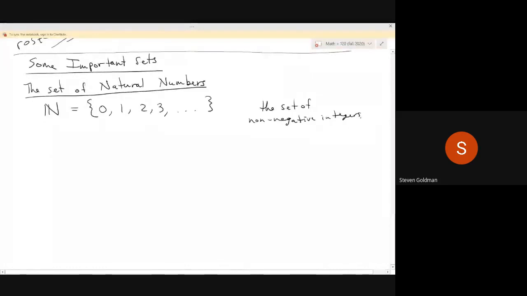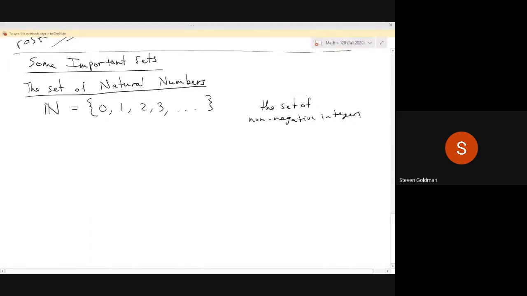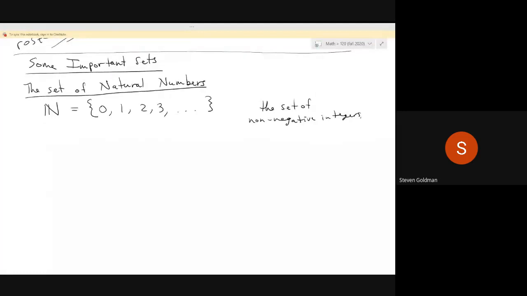Now, for the set of natural numbers, in different texts there's a little bit of disagreement as to what should and should not be included in this set. In some textbooks, 0 is included, and in some textbooks, 0 is not included. In our textbook, 0 is included, so I will include 0 in the set of natural numbers for our purposes. 0 is a whole number, yes. 0 is an integer.